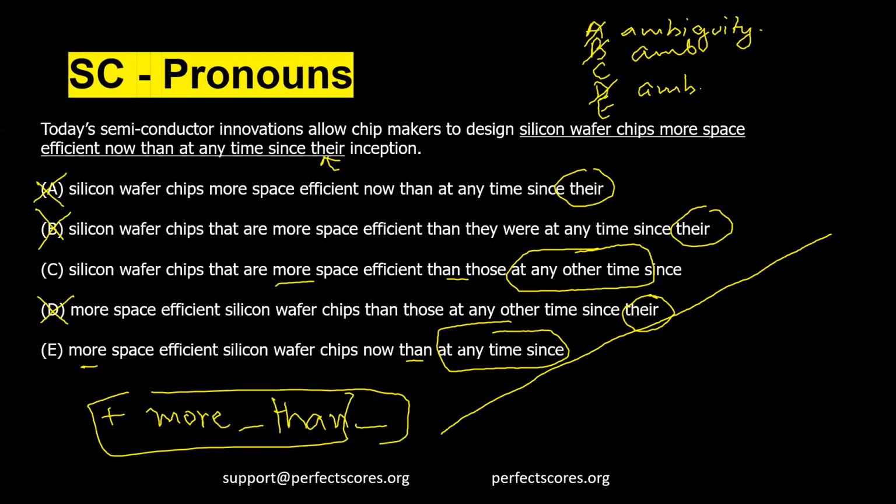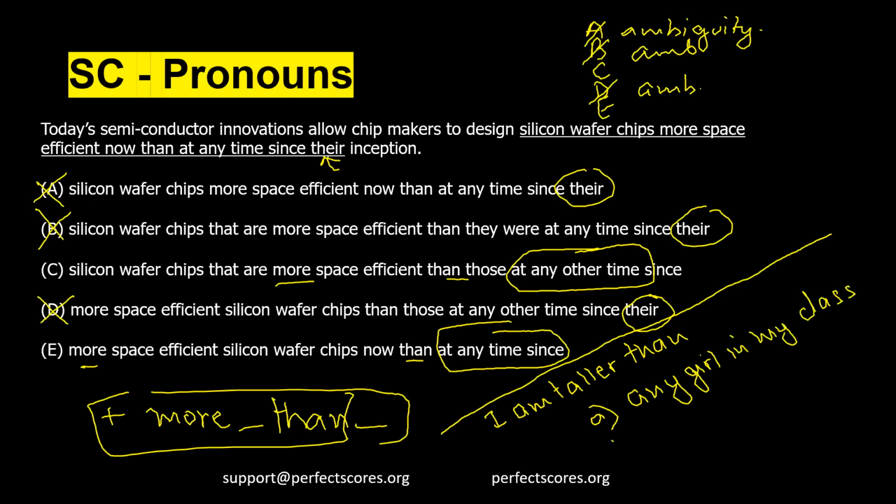One is, I am taller than any girl in my class, versus I am taller than any other girl in my class. Which one do you think is giving you the correct meaning?